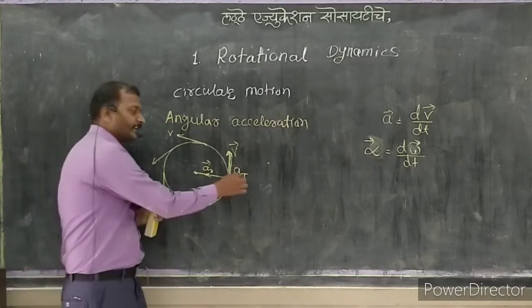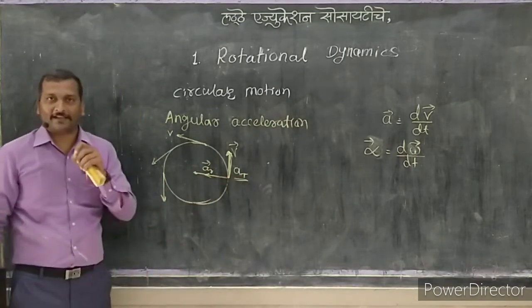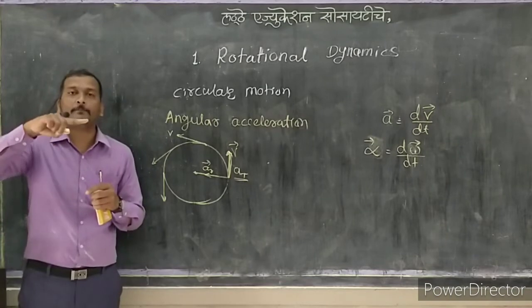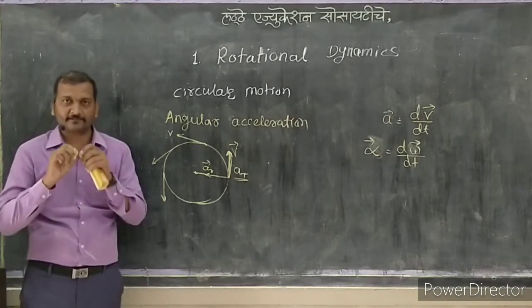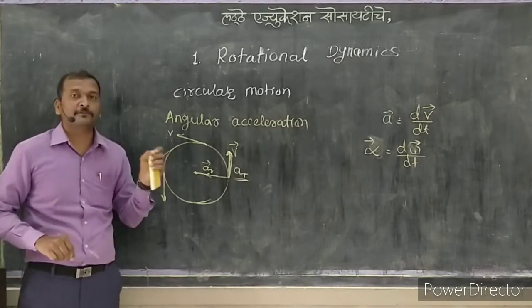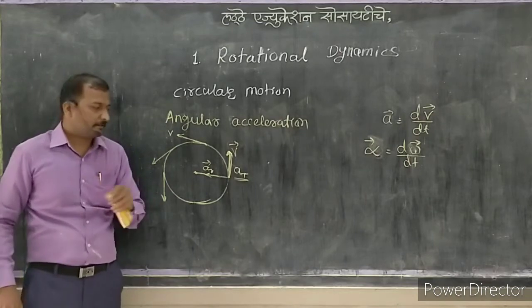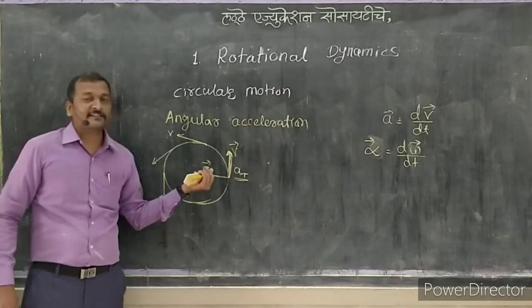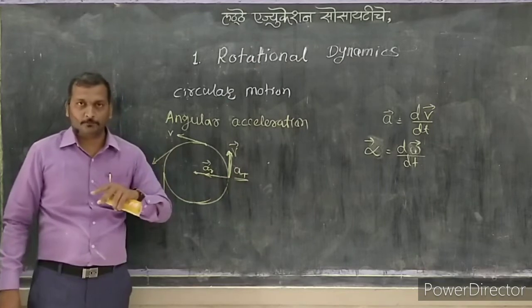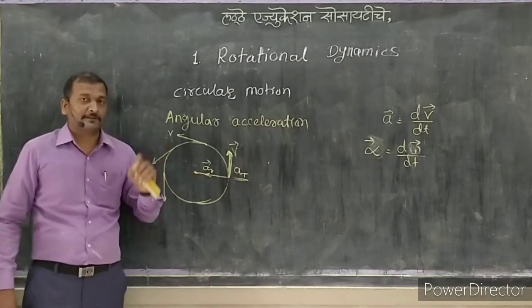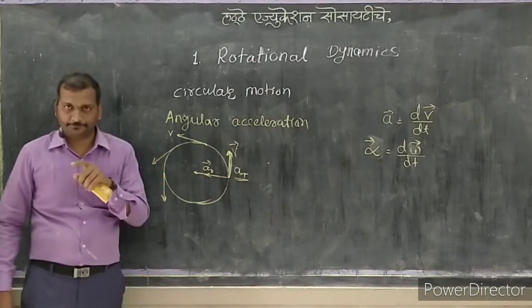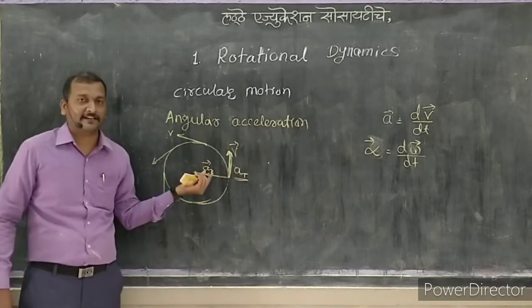But tangential acceleration is only produced when the particle is speeding up or slowing down. If the particle is not in uniform circular motion, then both radial and tangential acceleration are present. But if the particle is in uniform circular motion, there will be only radial acceleration.